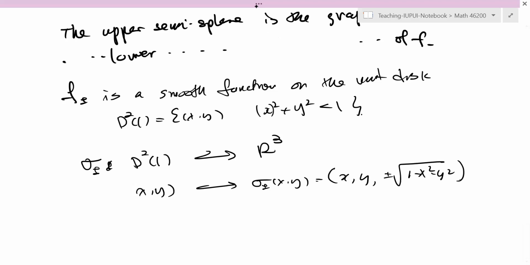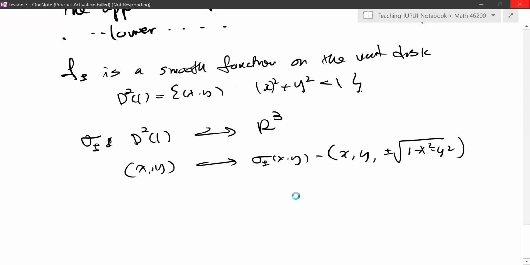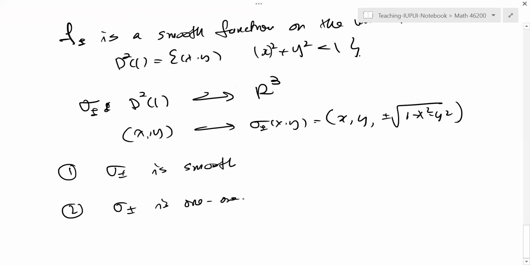Actually, we can have more maps than that. You can check these two maps: the images are the upper hemisphere and the lower hemisphere. Clearly sigma is smooth, no problem, differentiable. Second, sigma is 1 to 1, no problem.